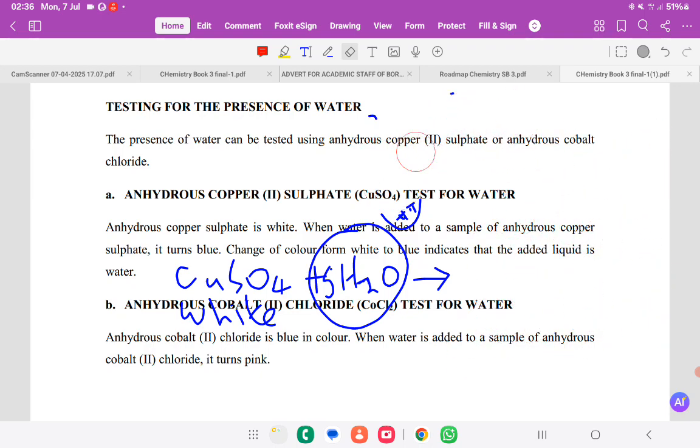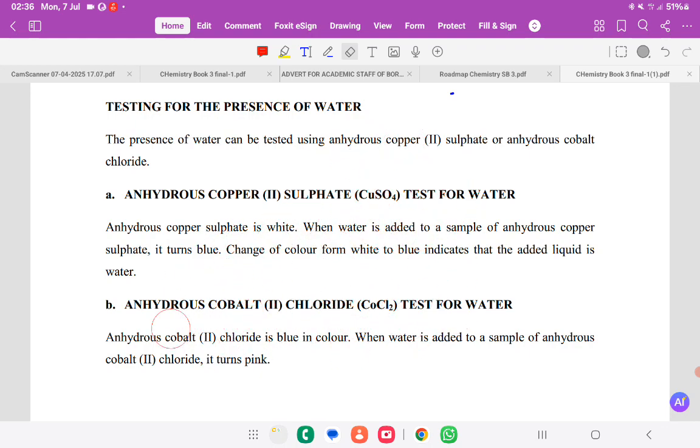Alternatively, you can use what is called anhydrous cobalt chloride. Cobalt chloride has the chemical formula CoCl2. Take note that Co is not carbon monoxide, it is cobalt. See, the o is a small letter o.